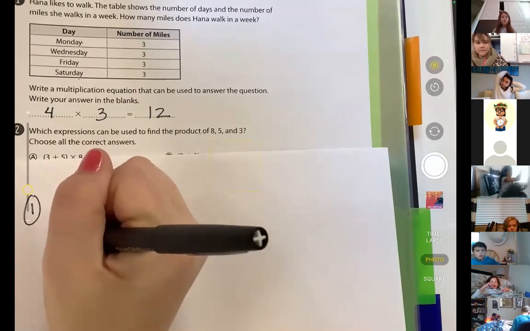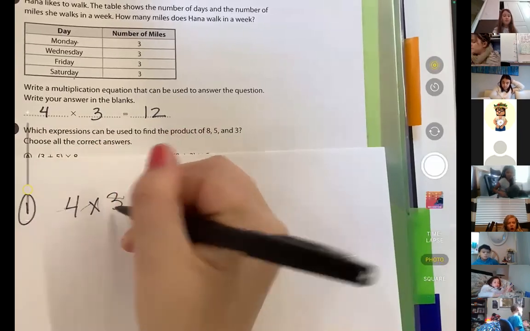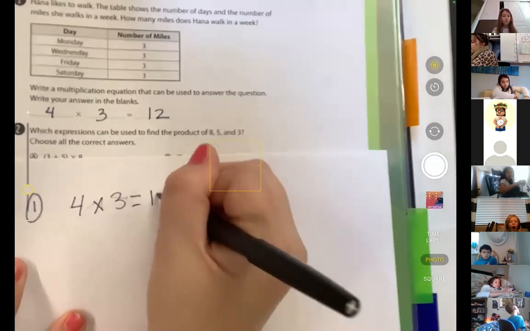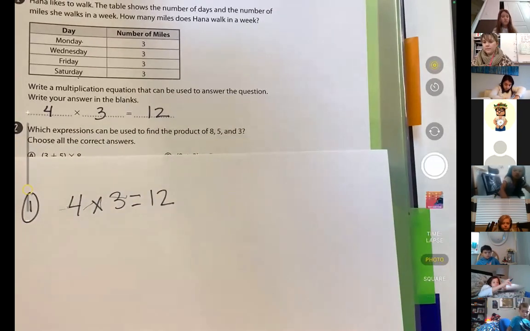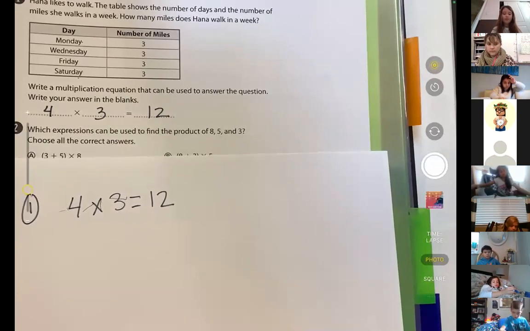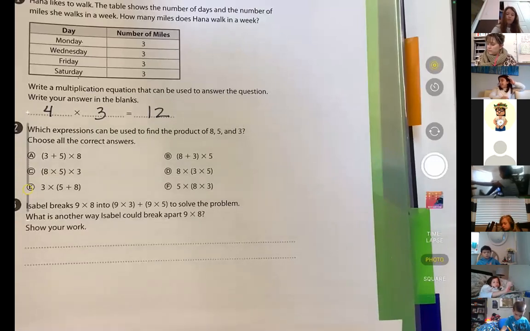You're gonna put a 1, and then you're gonna say 4 times 3 equals 12, okay? So if you don't have this, you're writing it just like that, okay? Give you guys a minute to fill that in.